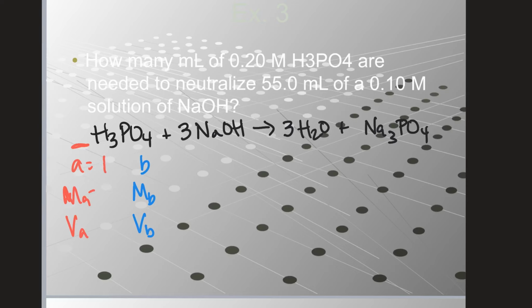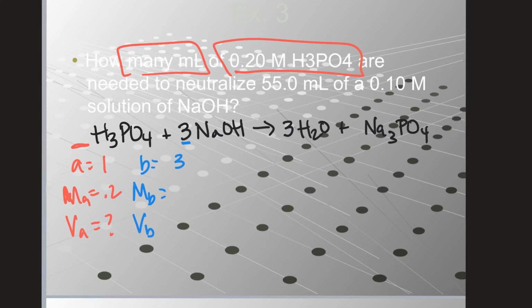The concentration of your acid is 0.20. And the volume is how many milliliters you need, so that's what you're looking for. And then for your base, you need the coefficient of your base, so it's a 3. The concentration of the base is 0.1. And finally the volume of the base is 55.